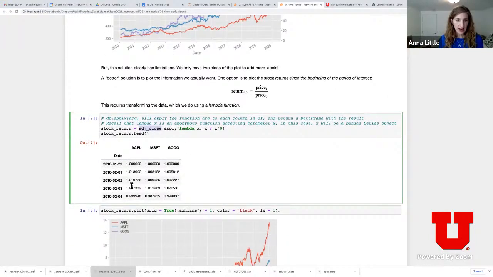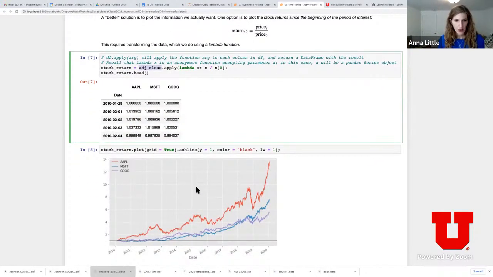So you can see now this data frame is going to start at a value of 1. And now we can interpret these values as showing the percent of the initial value at time t.